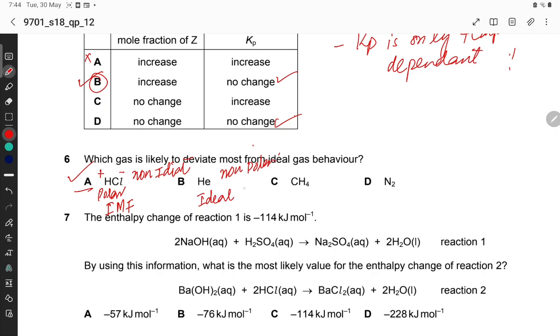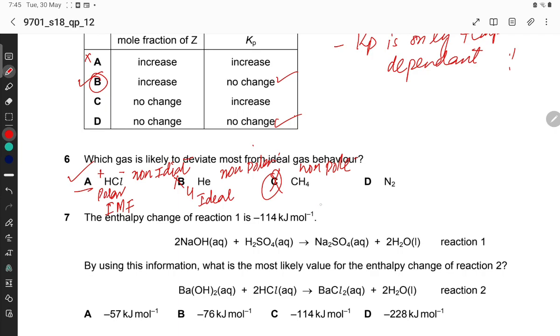Molecular mass is 4, and CH4 is also non-polar. As there is no electronegativity difference between the carbon and hydrogen, this is a non-polar molecule, but as the number of atoms is greater compared to helium, it will deviate a little bit from ideal gas behavior.